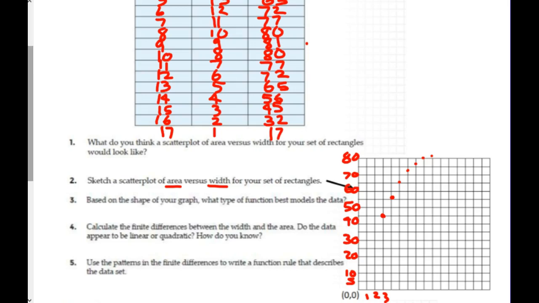Look at all that work. You could have been plotting 3, 45, whatever it is. All right. So then it goes 10, 80, and then it keeps following the same pattern going down. 16 is at 32. And 17 out here is at 17.